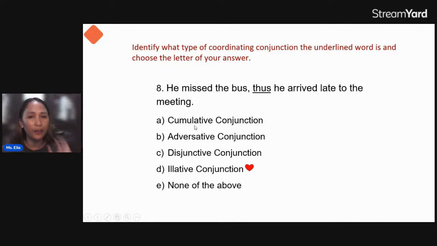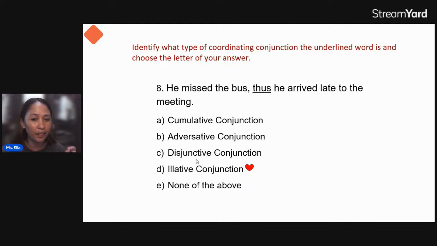Again, letter A, cumulative conjunction, it adds information, okay? Adds more information to the first statement. For letter B, adversative conjunction, that is for opposing or contrasting two statements. And for letter C, disjunctive conjunction, it's for giving two alternatives or two options in the statements.